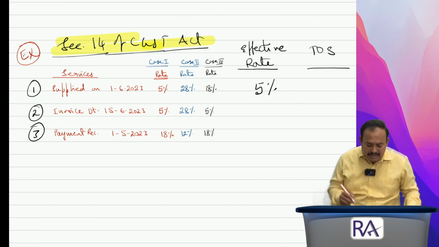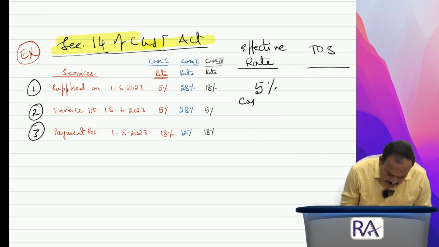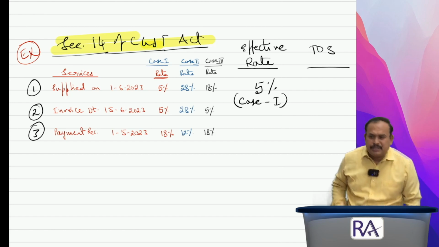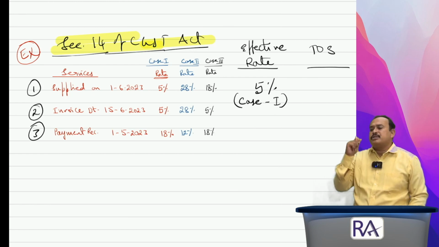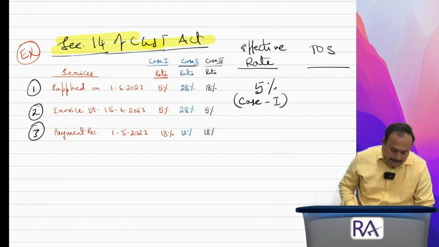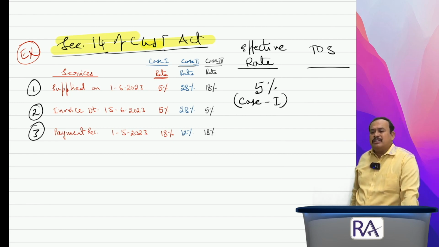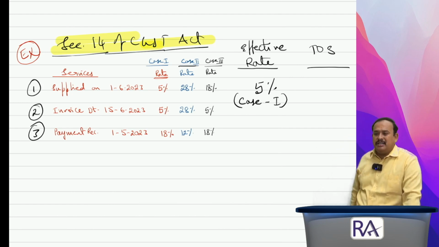Coming to case 2, I will write also here, in the case of case 1, effective rate is 5%. Coming to case 2, when the payment received 1st of May, that time 12% old rate.